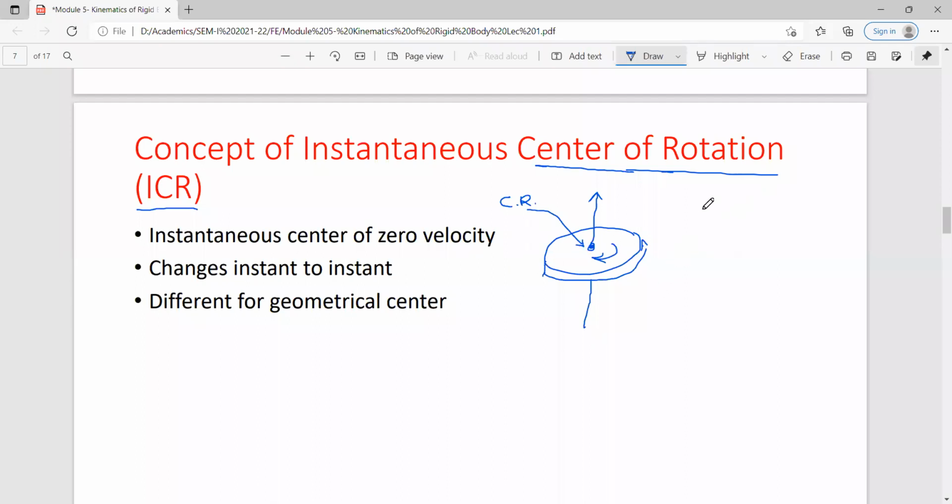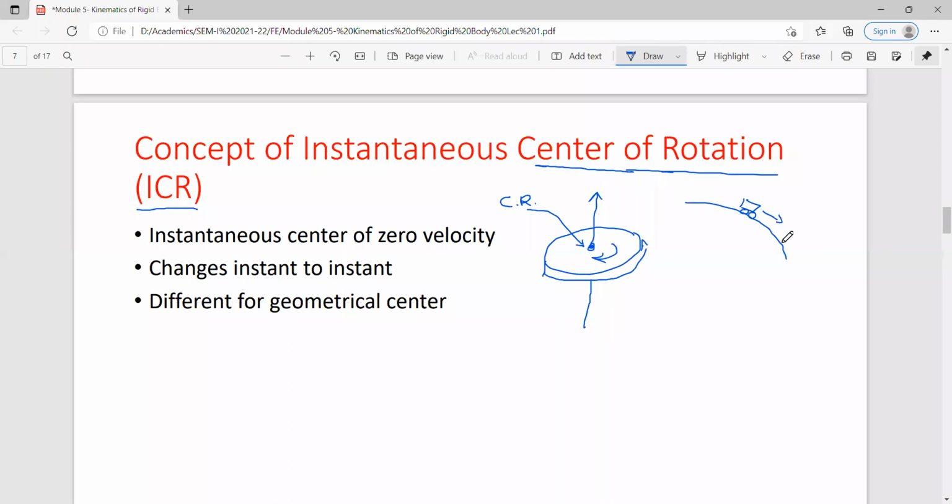For example, suppose there is this curved path, and on that curved path a vehicle is moving. Obviously this vehicle is rotating about a certain point because it is moving on the curved path.